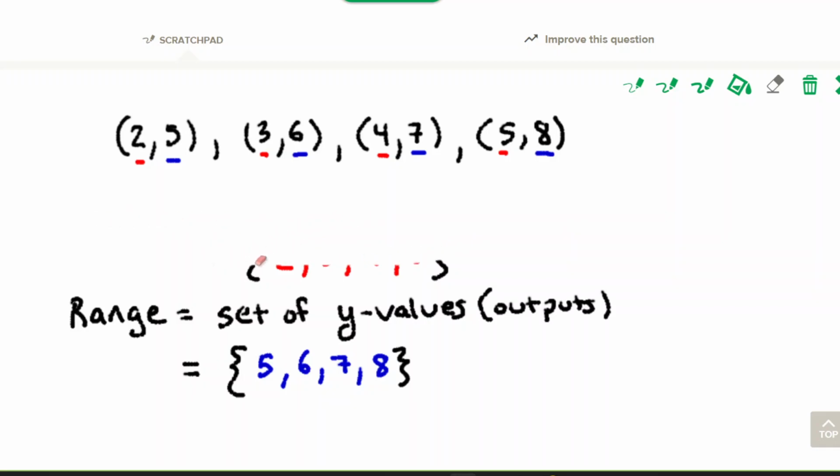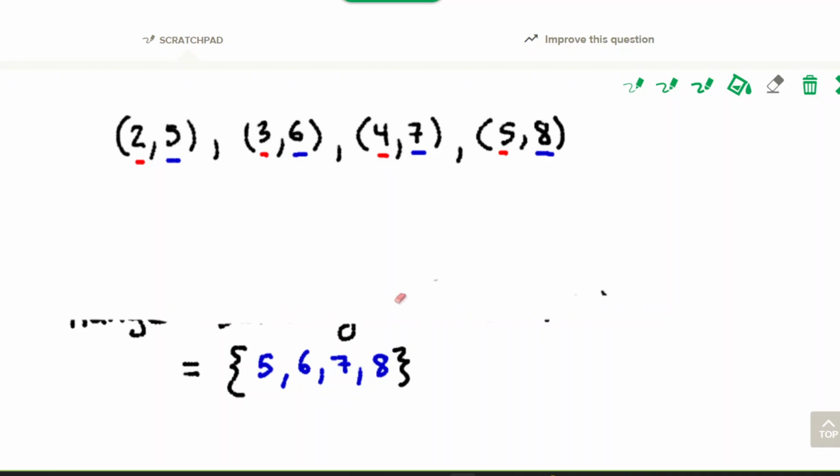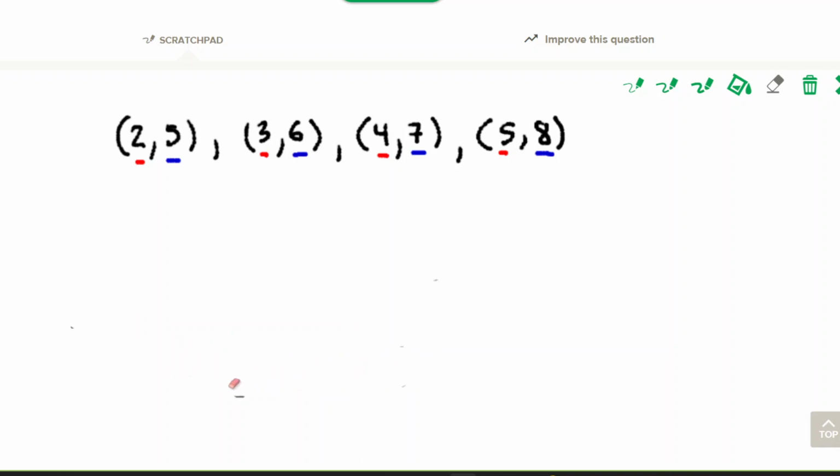A function is a special kind of set of ordered pairs. In a function, get to the pen tool again. Oh, that's way too thick. That's also super thick. Yeah, all right, let's go here.